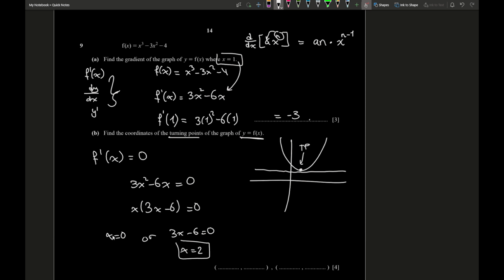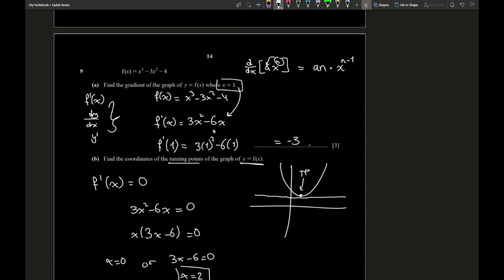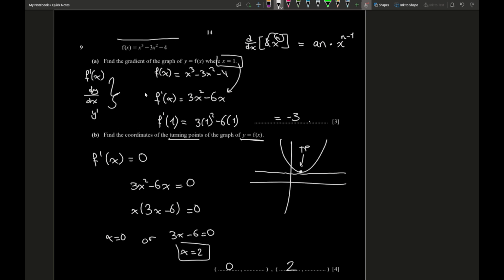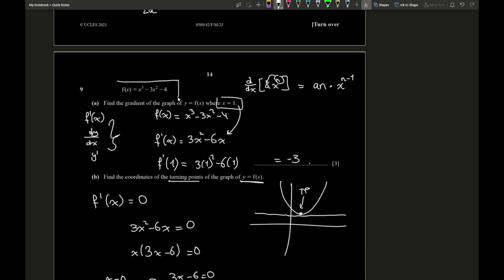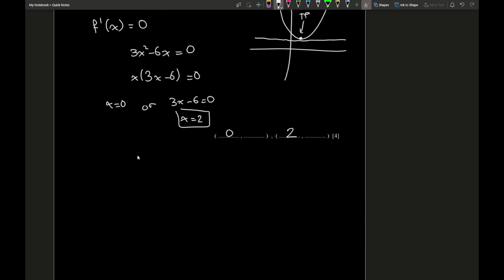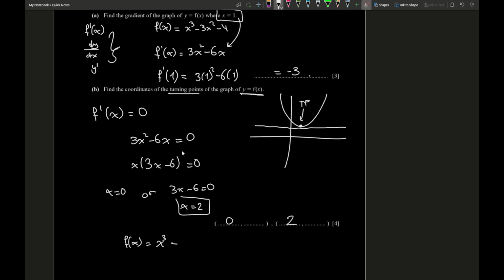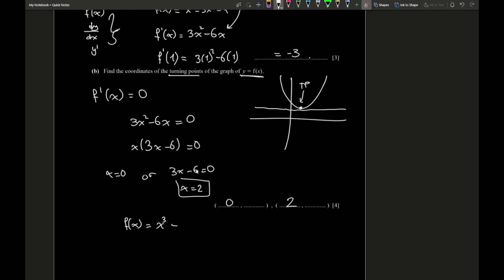So our first x-coordinate is going to be 0 and our second x-coordinate is going to be 2. And to find our y-coordinates, we can just substitute these values into our function f of x, not the derivative function, but our function. Okay, so we're given f of x being equal to x cubed minus 3x squared minus 4.